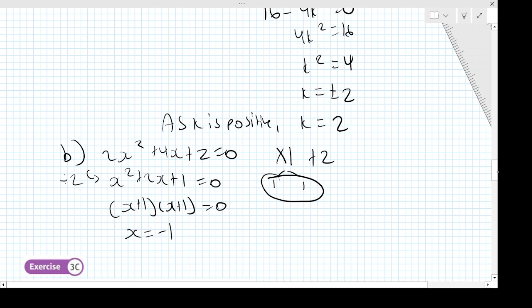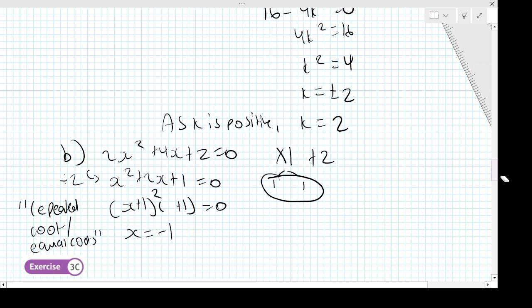Which makes sense, because it says there's only one solution, one point of intersection, so we only select one value of x, which is what we've got here. And remember, this is called a repeated root, or we call it equal roots, because we've got two factors from how we factorise, however they're both the same.